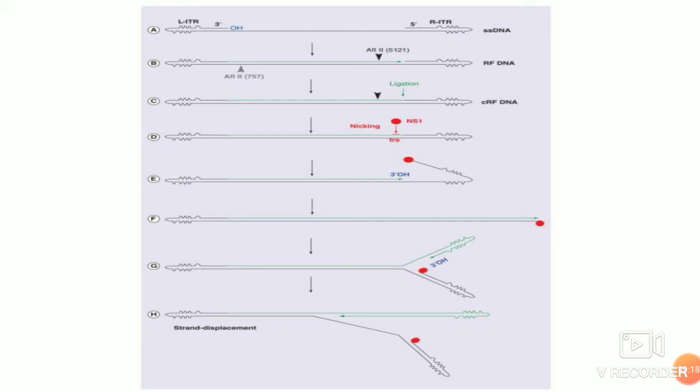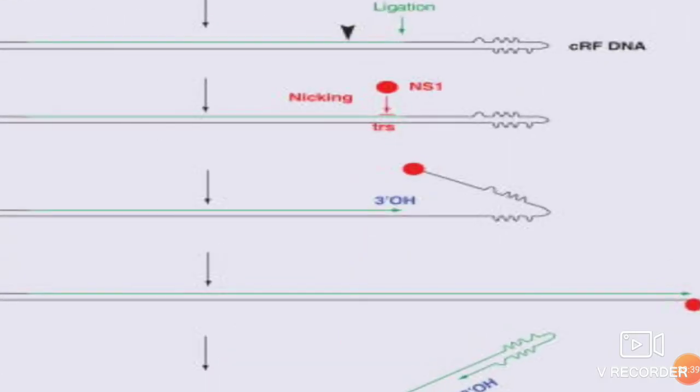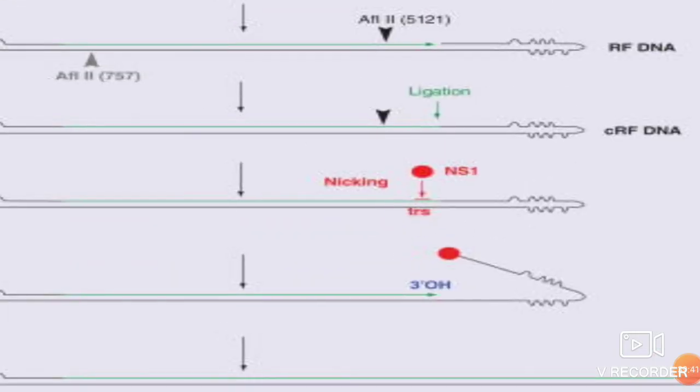Of which I told you that the large protein is the NS1 protein, non-structural protein 1. It has multifunctional property. It has an endonuclease activity and helicase activity is seen, and then it also nicks at the junction that is so called the TRS. Here you can see it shows the endonuclease activity.